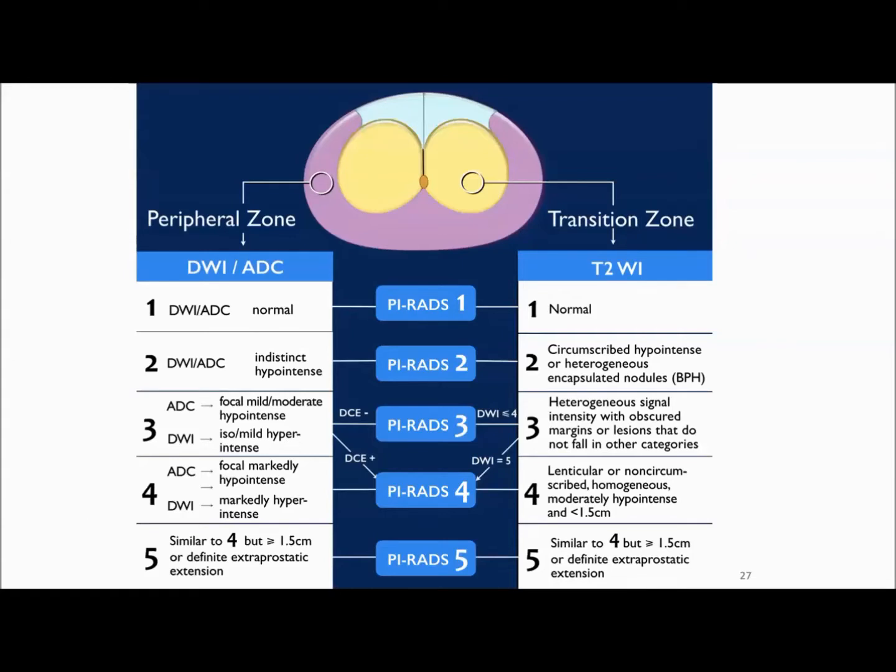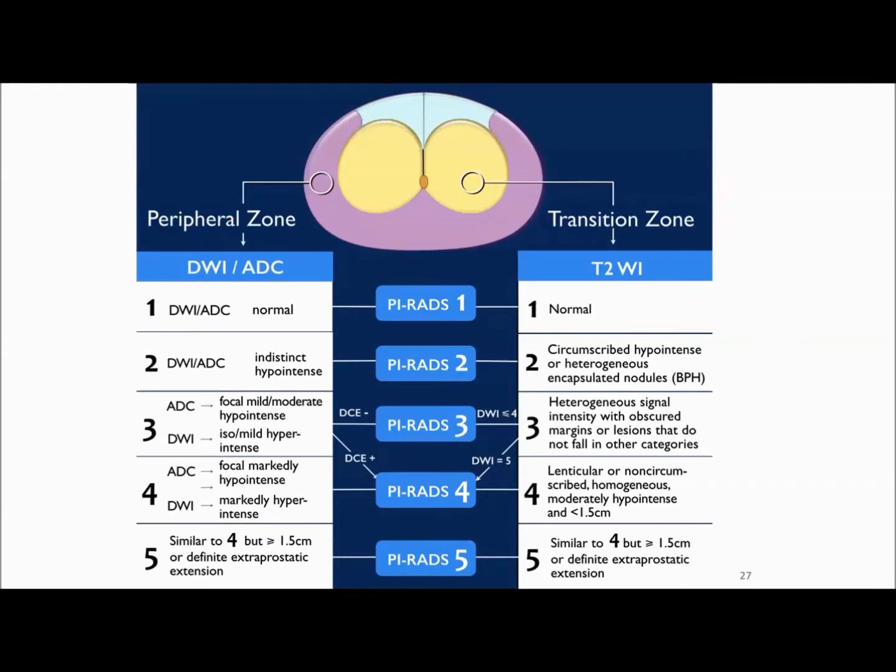Category 5 has the highest probability of prostate cancer, versus category 1, which is categorized as a normal scan. As has been explained, it involves a combination of imaging findings based on T2 weighted images, the DWI and ADC sequences, and the dynamic contrast enhanced sequences.